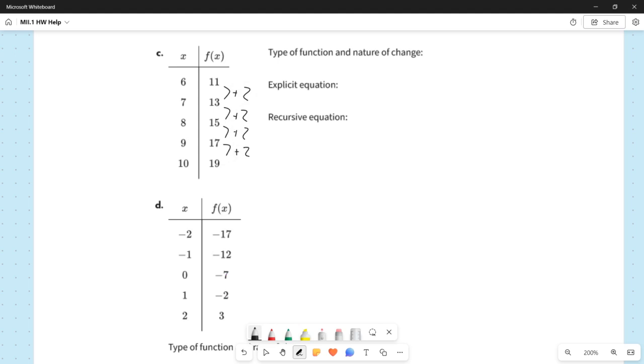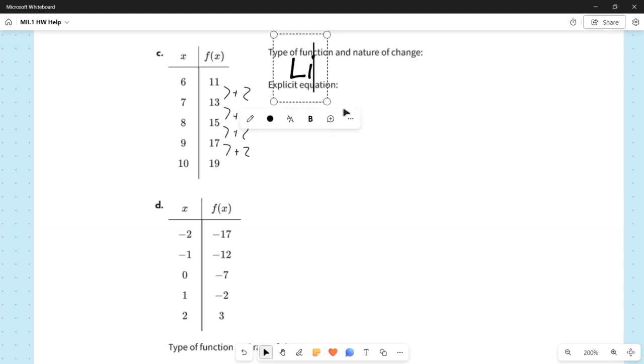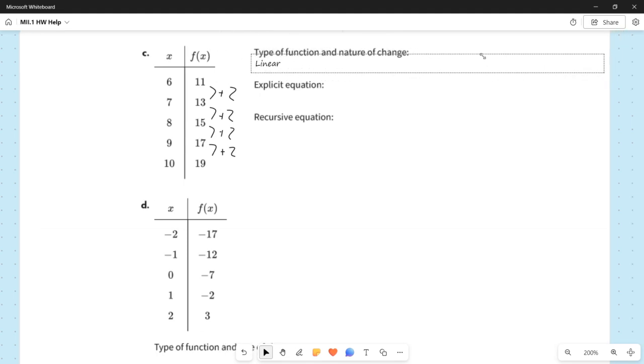And as we just saw in the previous question, when your first difference is a constant, like it is here, that tells us that we have a linear function. So this is a linear function, and the nature of the change is that it has a slope of 2.